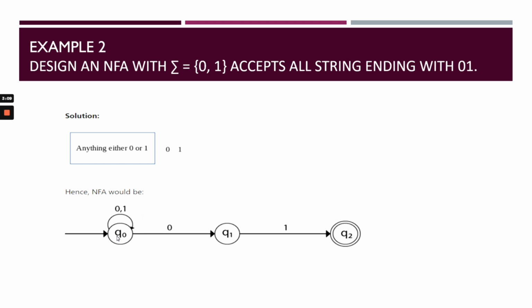Let us take the initial state as Q0. We can give any input, 0 or 1, and it will remain in the same state. If we give 0 as the input, then it should go to the next state. And if the next input is 1, then it should go to the final state. Without 0 and 1, it should not reach the final state. That is the main motto of this NFA. So next example.